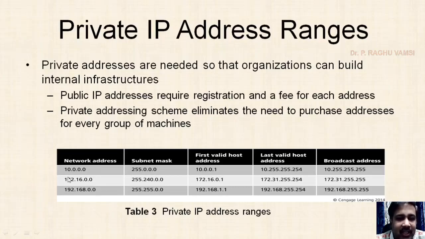And what is the ending address? Because the first octet in the subnet mask relates to the network, the remaining are all hosts. So what is the maximum possible number you can have for these octets? Obviously 255, 255, 255. So the last valid host address is 10.255.255.254.